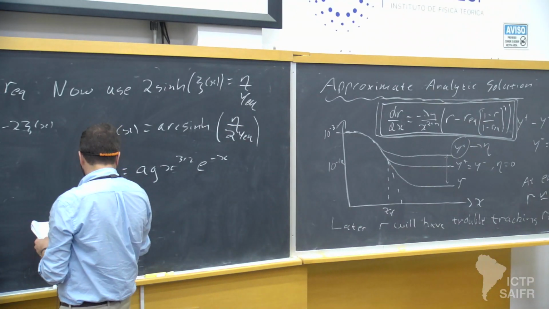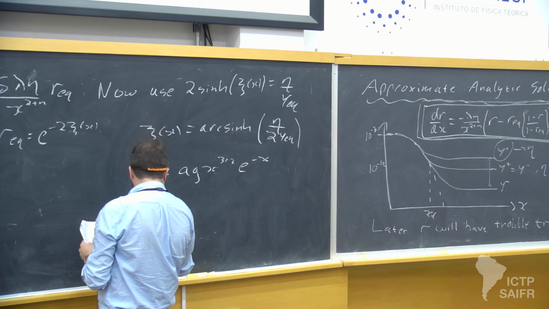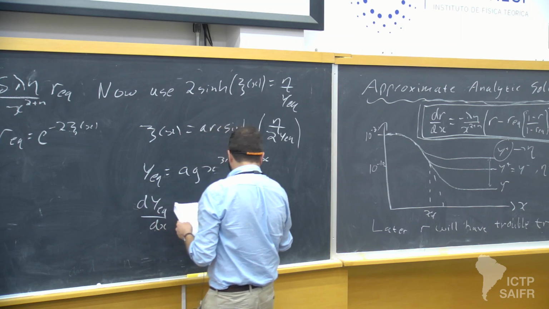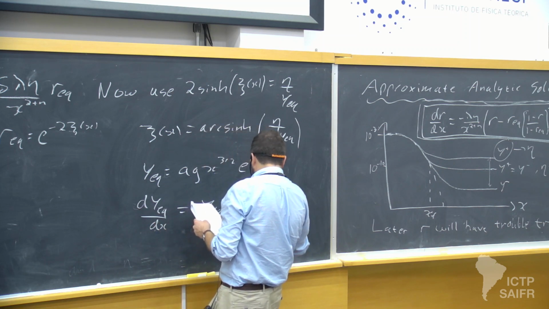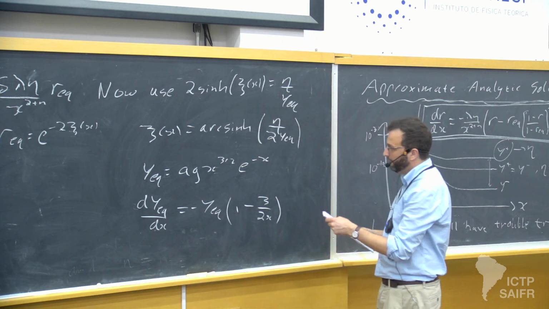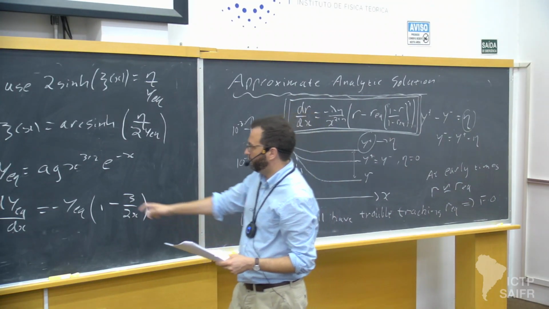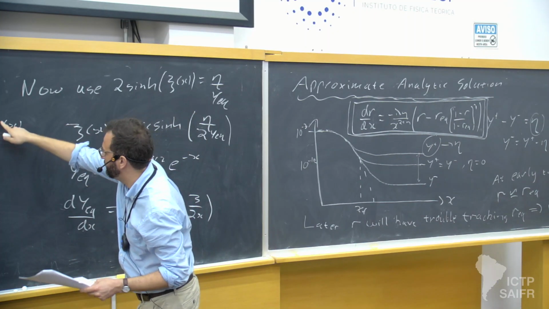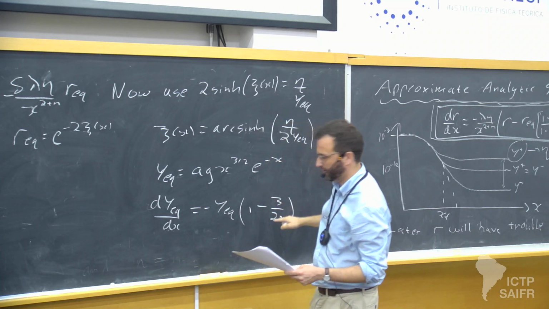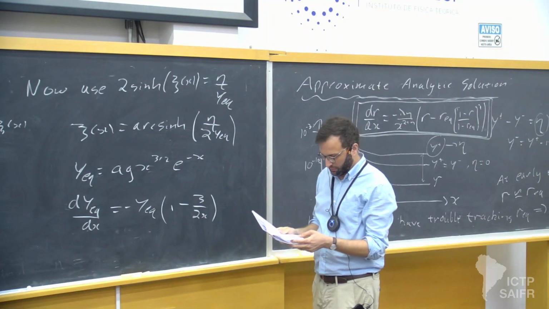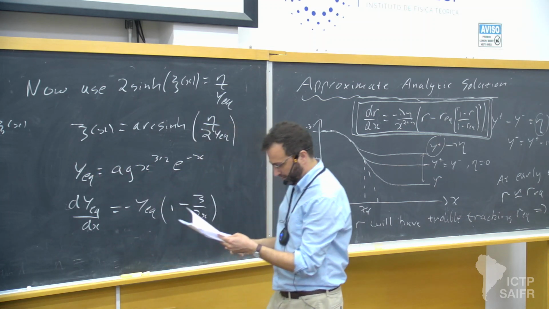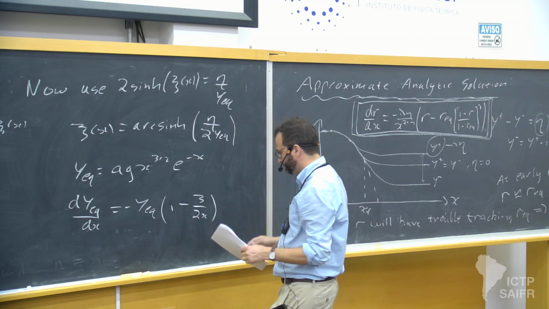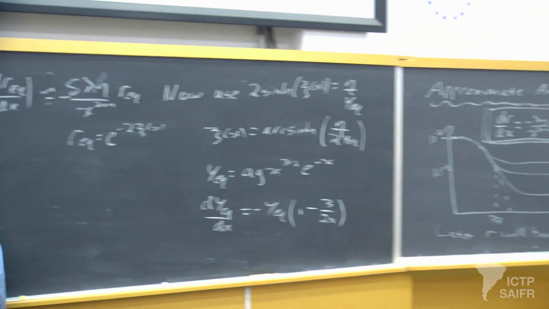And we had last lecture also that dy equilibrium dx is equal to negative y equilibrium times 1 minus 3 on 2x. So the task now is to evaluate dr dx using all these things. So dr equilibrium dx I leave as an exercise; the steps are given in my notes.